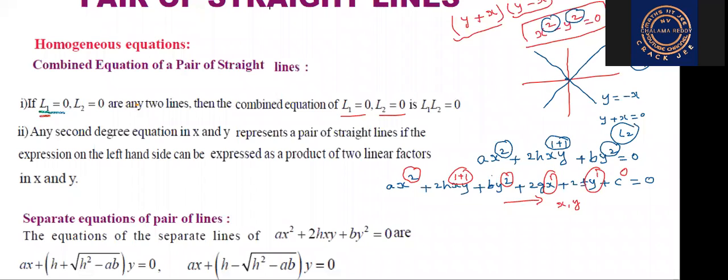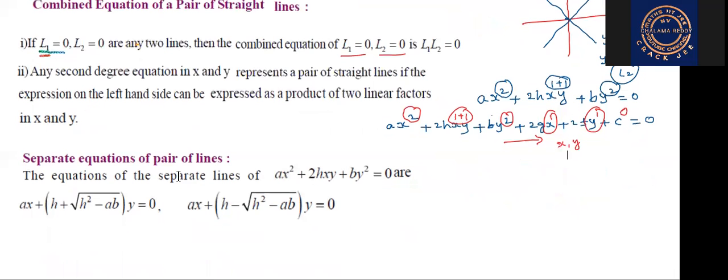Okay students, I think all of you understood now the difference between homogeneous and non-homogeneous. Remember it: a homogeneous equation passes through the origin, but a non-homogeneous equation does not pass through the origin. Okay, right. Now, separate equations of pair of lines.